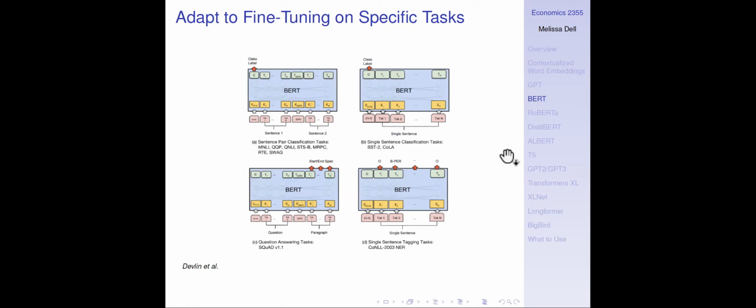But this is essentially what ELMo advocated, and this is the paradigm for how NLP works: you can take this model that was pre-trained on a massive amount of text and then take your much smaller labeled data set and fine-tune it.